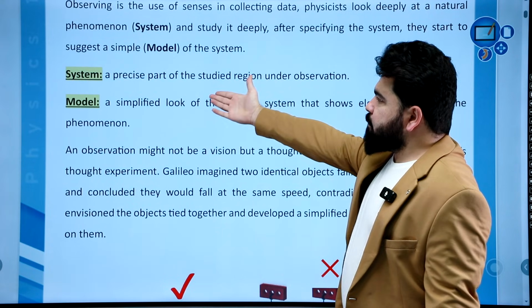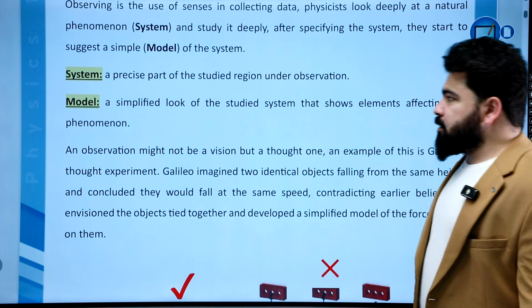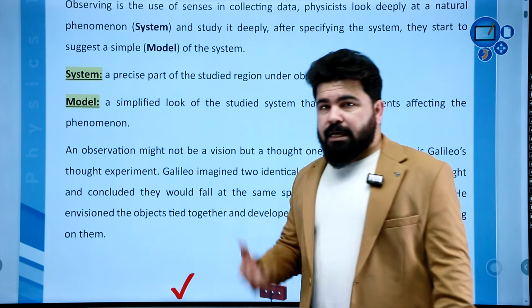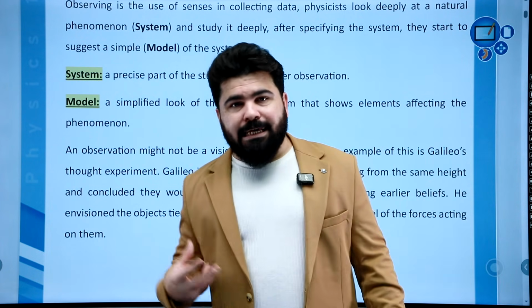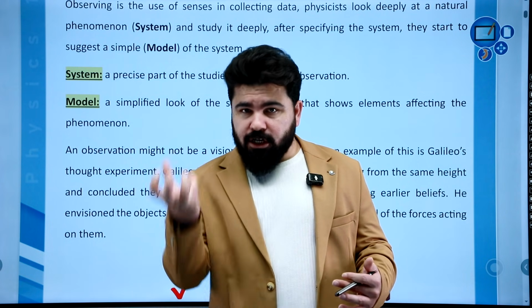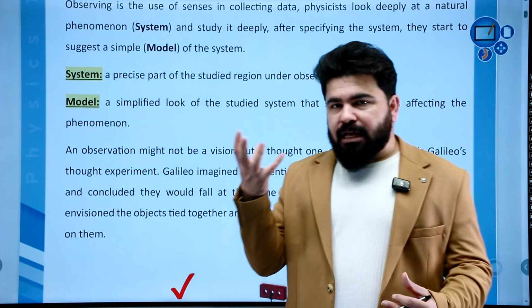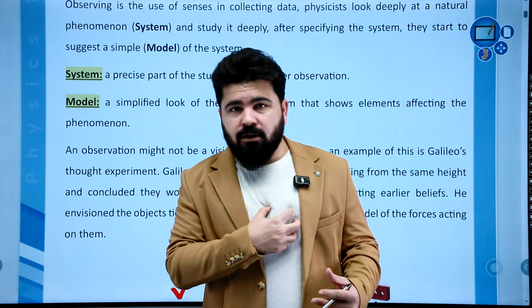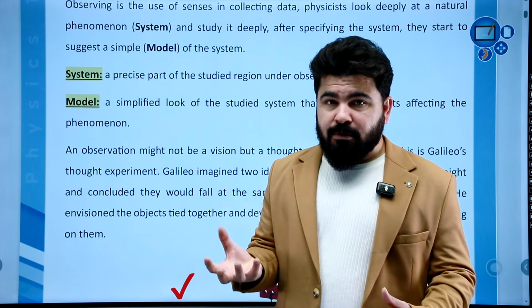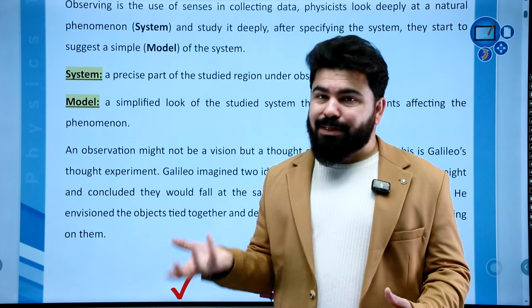Just know that a system is a precise part of the studied region and the observation, and a model is a simplified look of the system. A system can be anything. For example, a car is a system that I can study. A toy car is a model. A real heart, you have a heart, is a system. But a fake one, which your biology teacher brings to the class, is a model.